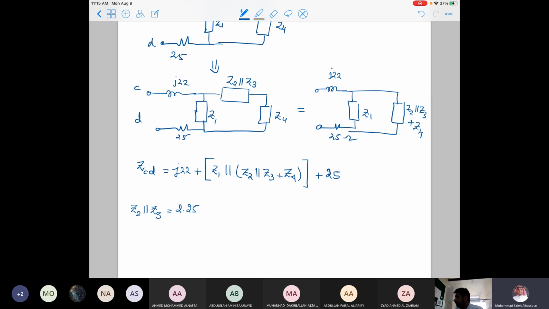So now I need to find the values here. I have 8 in parallel with minus J5. This is the impedance. Then I take this one, which I calculated, and add to it Z4. Z4 is simply J15.